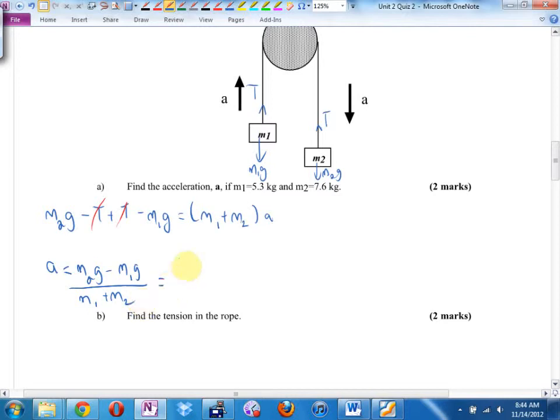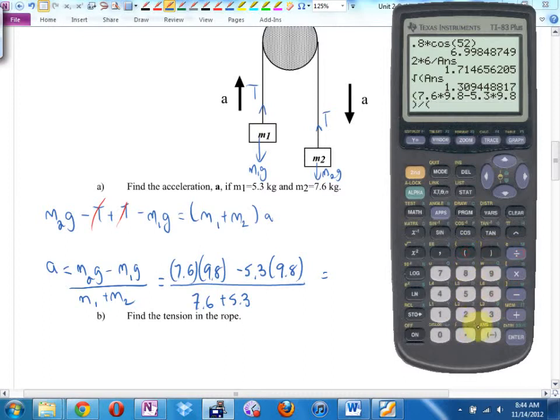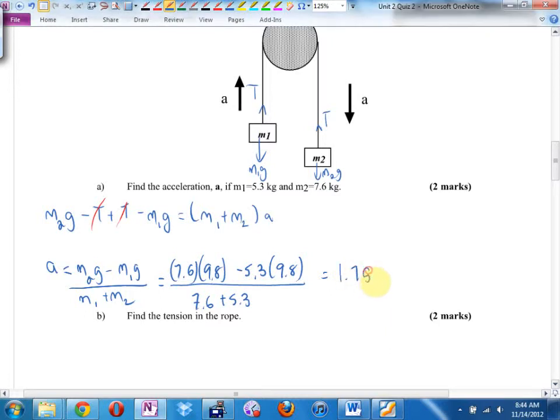I'm going to get 7.6 times 9.8 minus 5.3 times 9.8 all over whatever 7.6 plus 5.3 is. 7.6 times 9.8 minus 5.3 times 9.8 divided by bracket 7.6 plus 5.3. You get 1.74728, 1.75 meters per second squared.